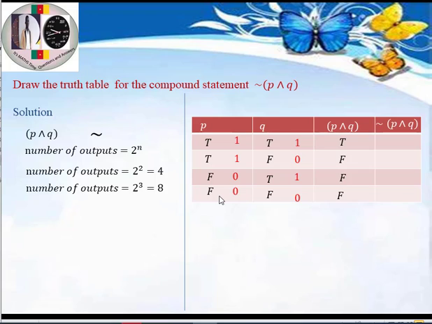So in this case, if we negate P and Q where P and Q is true, the output will be false. If we negate P and Q where P and Q is false, the output will be true. And if we negate false again here, we are going to have true.